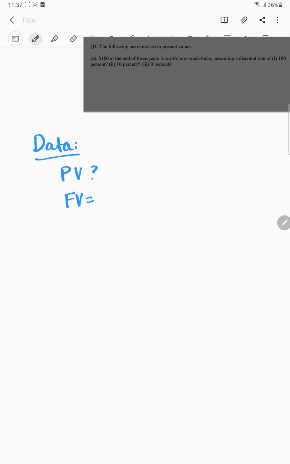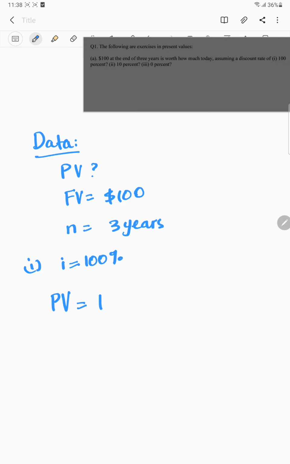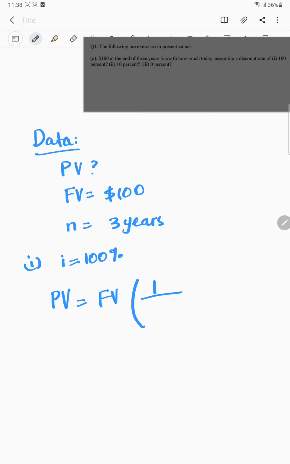Future value is $100. Number of years, n, is 3 years. The first scenario is we should assume the interest rate of 100%. For this purpose, we will be using the formula of present value, which is present value equals future value times 1 upon (1 plus i) to the power n.